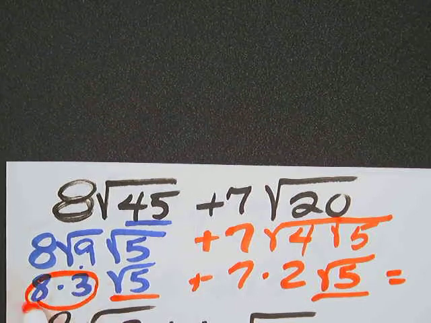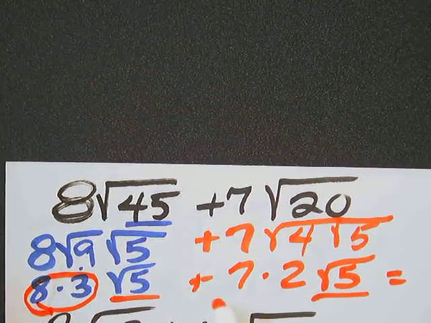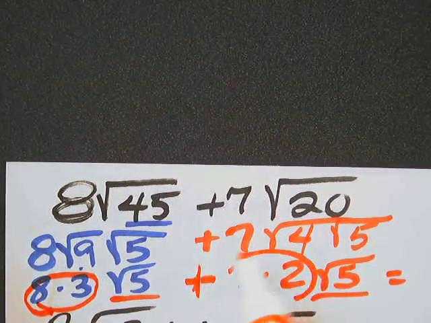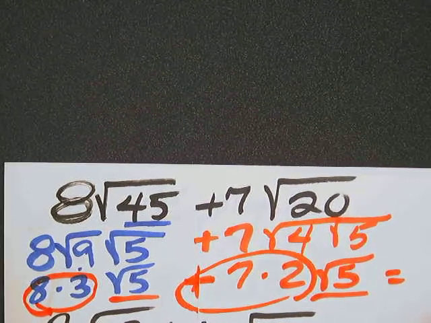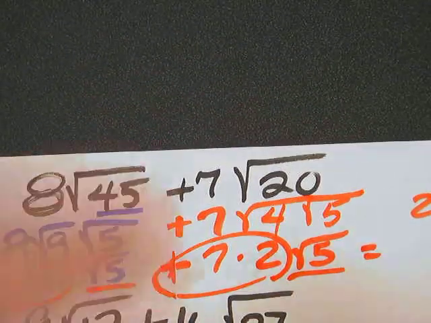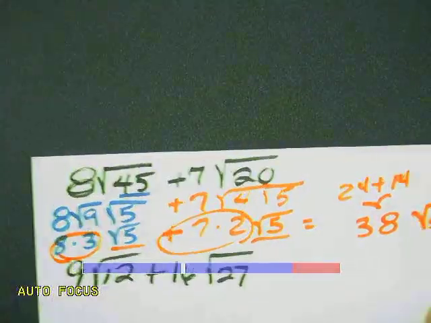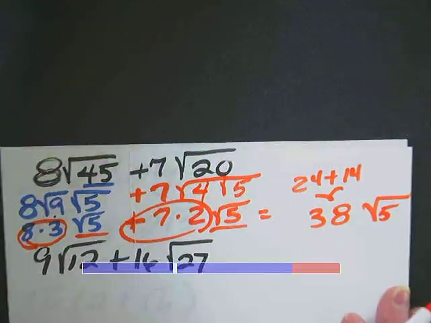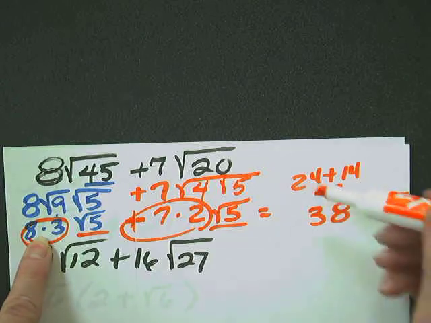Now we have like terms. They're both square root of 5s. So we have 24 plus 14 is 38 square root of 5s.